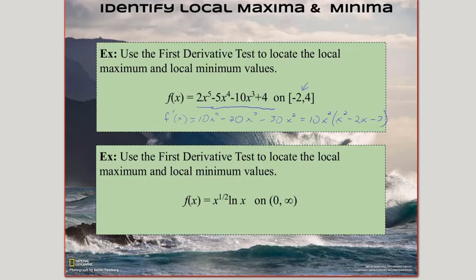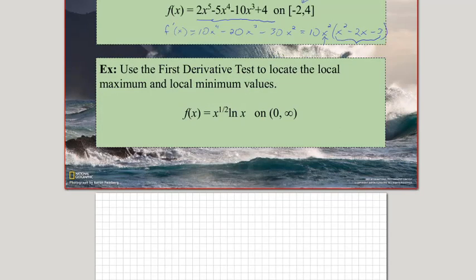Okay, so let's figure out, so we get 0 from this, and that is definitely in the interval. There may be another critical number in that interval, so I want to figure out where x squared minus 2x minus 3 is 0. Well, does that factor?